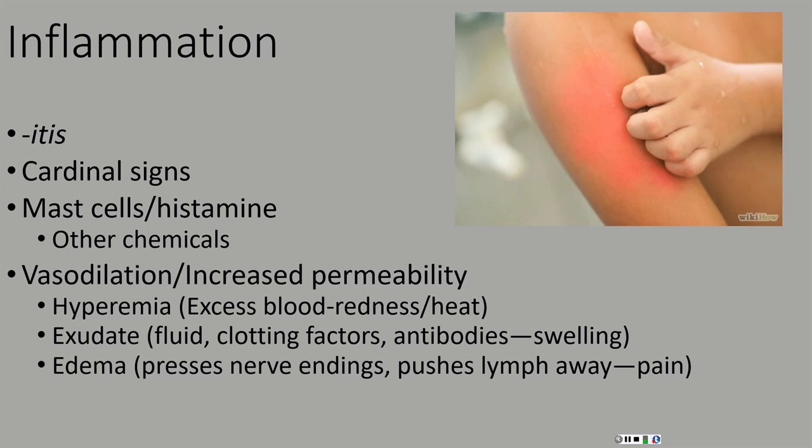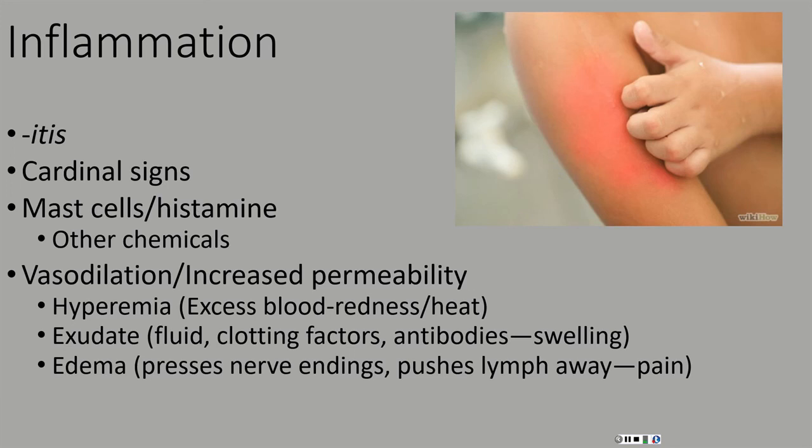And inflammation is triggered by our own body. Specifically, it's typically mast cells. These are cells in our skin that are really similar to basophils. And these mast cells release histamine and a few other chemicals. And that's what triggers the inflammation.